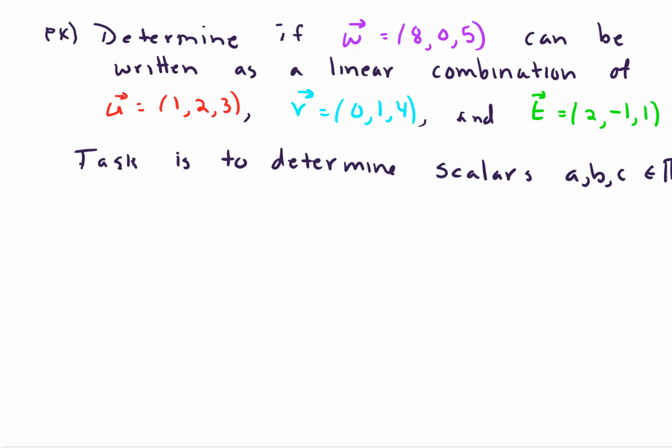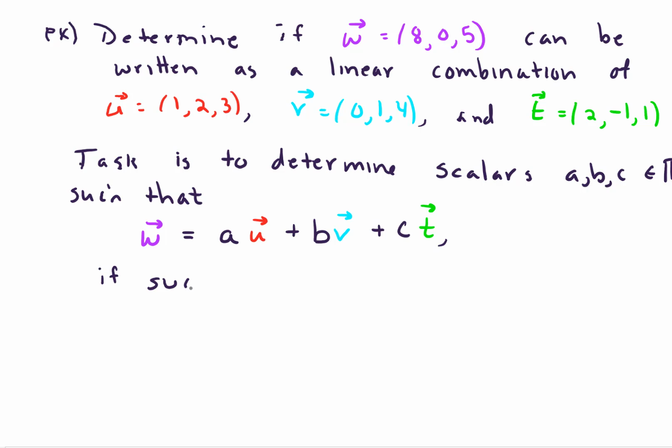Our task is to determine scalars A, B, and C such that vector W equals some scalar A times vector U plus scalar B times vector V plus C times vector T, if such scalars exist.